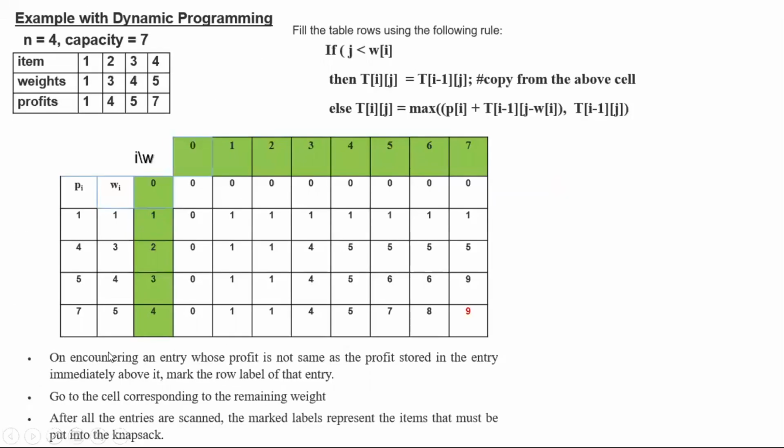I'll demonstrate this through an example, the same example. Suppose again we have the previous example. The capacity of the knapsack is 7. 4 items are given with the weights and profits. Here is our table, a table of size 5 rows from 0 to 4 and 8 columns.